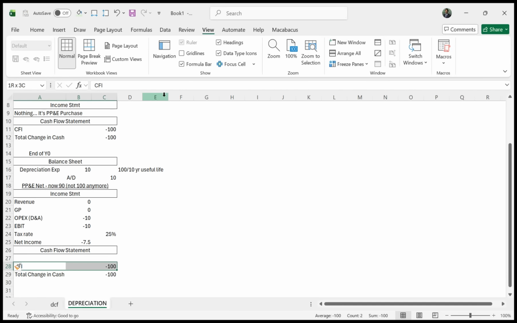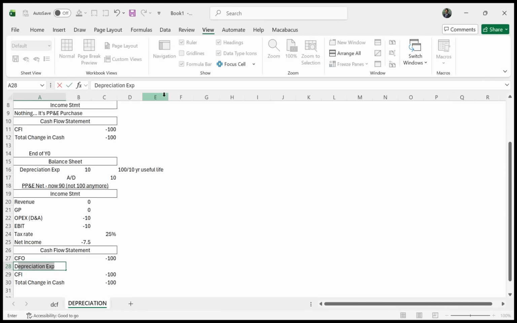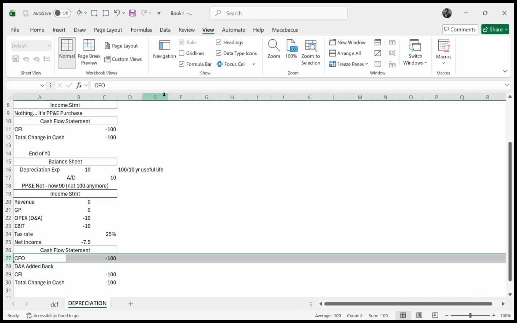There are a couple things to look at here. D&A is added back, so here we add the full D&A. And you have net income.